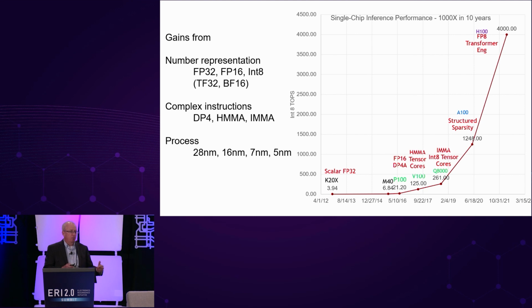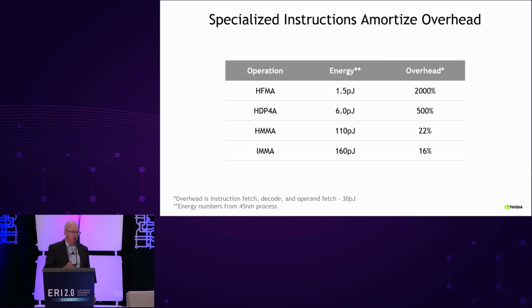Then the other big thing that we did was introduce complex instructions. In Kepler, the most you could do by launching one instruction was a fused multiply-add. That's 2 operations, a multiply and an add. In the Pascal generation, we introduced dot product, so you do 8 operations, 4 multiplies, 4 adds. But when we introduced the matrix multiply instructions, what the marketing people call our tensor cores, we really got rid of most of the instruction interpretation overhead.